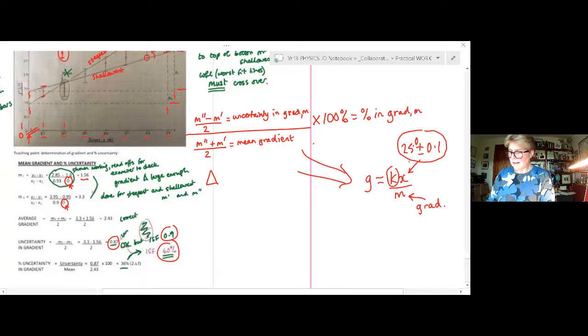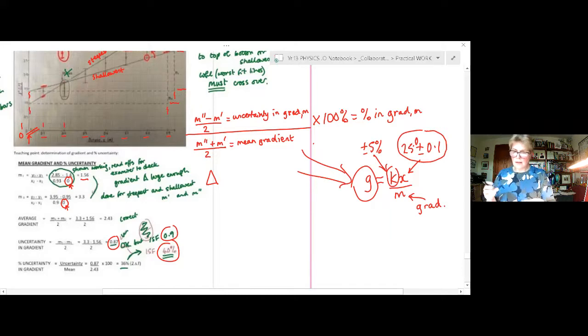So let's say they give you a value of k plus or minus, say 5%, or maybe that was hidden in a table. You work out all of these percentage uncertainties because you're using them one each. Add all of those percentage uncertainties up to get the percentage uncertainty in G. Then you will have to work out what the uncertainty in that value is.